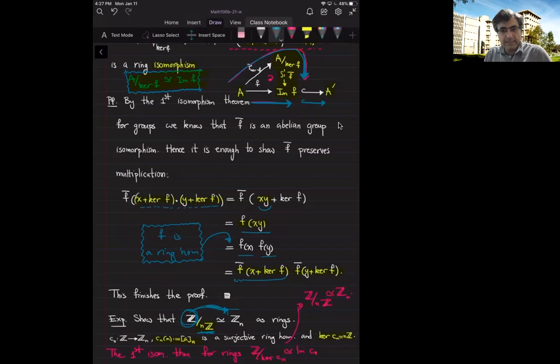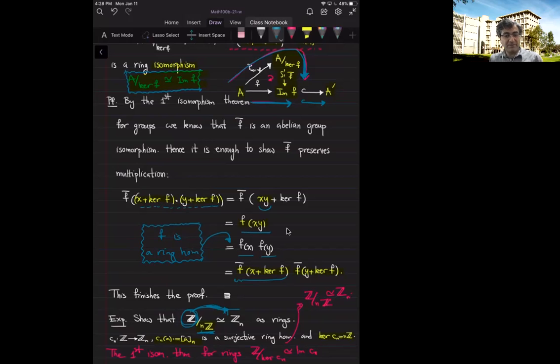In this case, Z sub n reminds us of the residue map. So we have the residue map C sub n from the ring of integers to the ring of integers modulo n that sends A to the residue class of A mod n. We have already seen that this is a surjective ring homomorphism, and the kernel of C sub n is precisely the ideal nZ, the set of multiples of n.